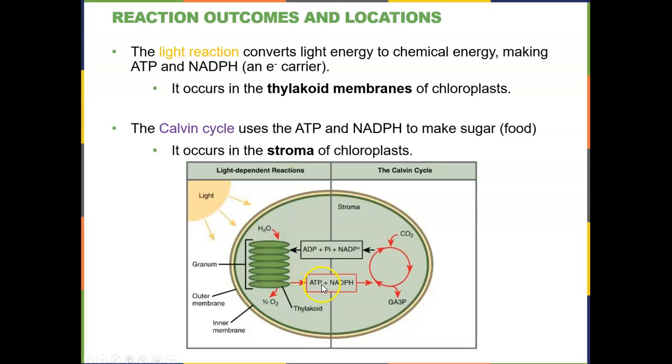As the energy is taken from breaking apart the ATP and the NADPH, we're going to generate NADP plus, the oxidized form, plus ADP. That'll be shuttled back across to the thylakoids in order to be used again for the light-dependent reactions.